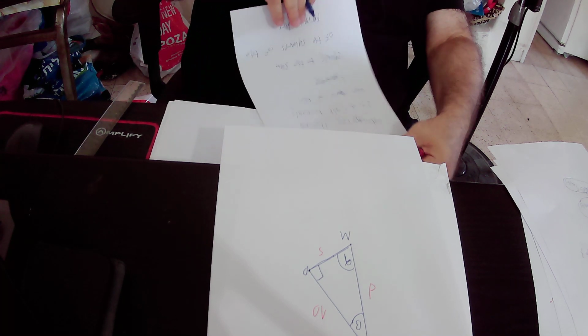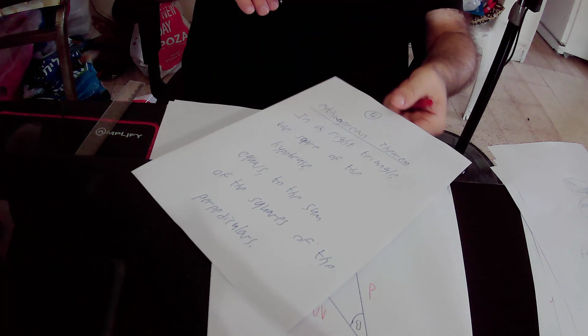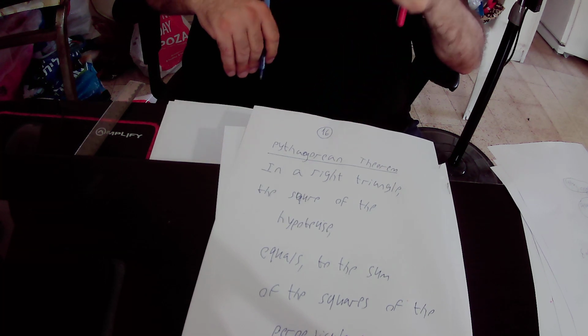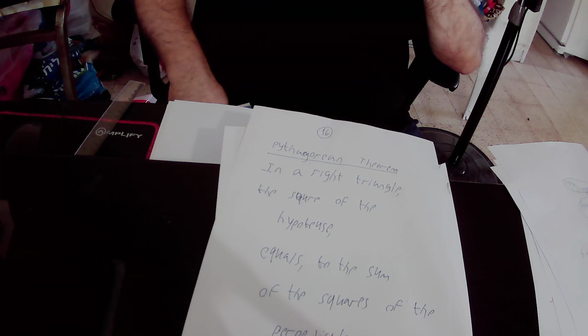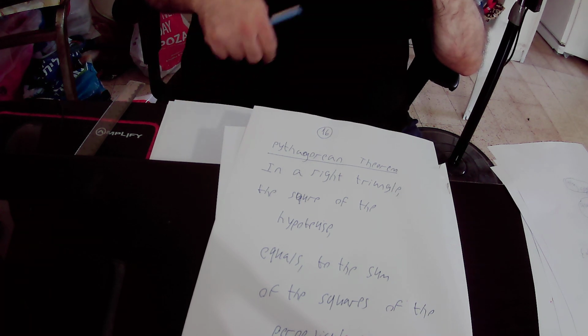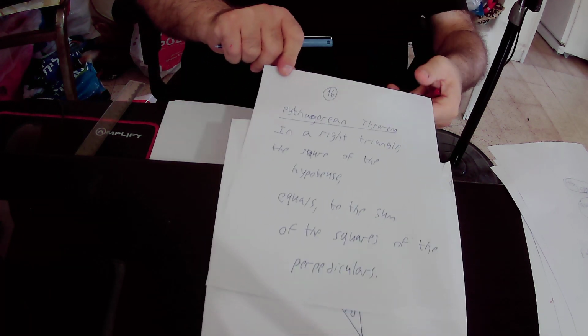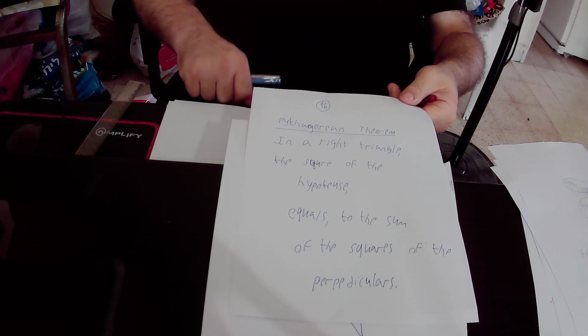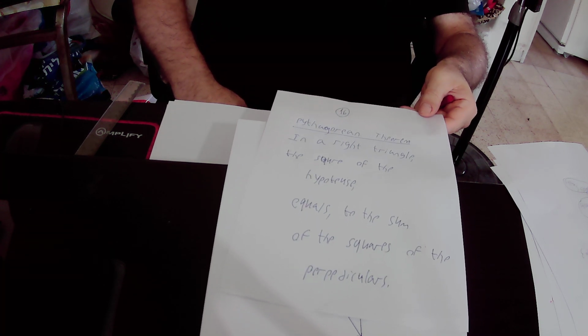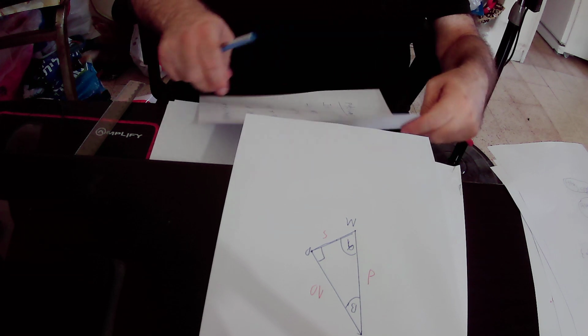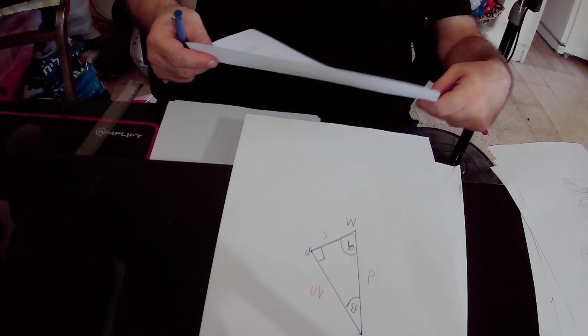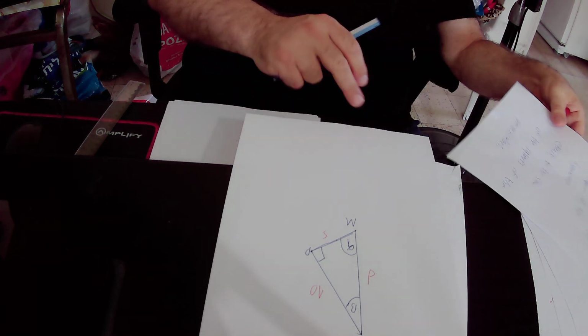I will read the Pythagorean theorem again: in a right triangle, the square of the hypotenuse equals the sum of the squares of the perpendiculars. Okay, so we can implement the rule in our right triangle.